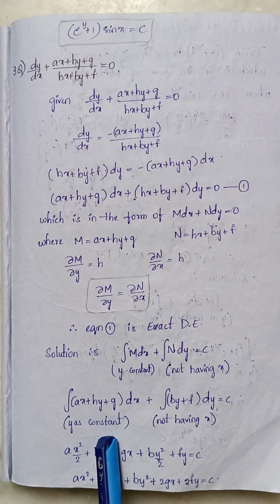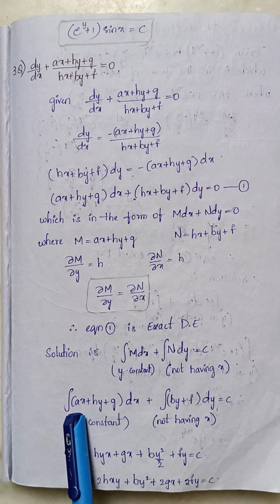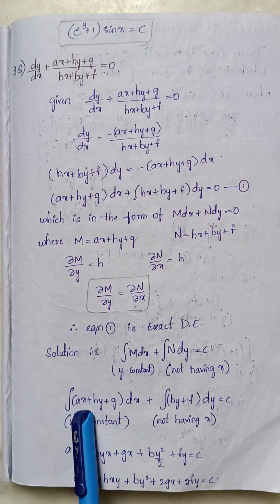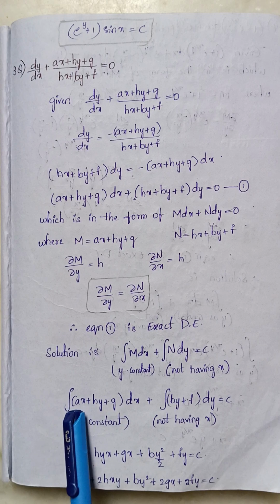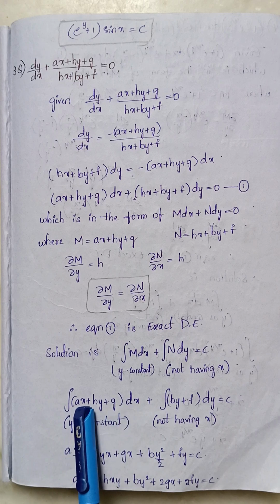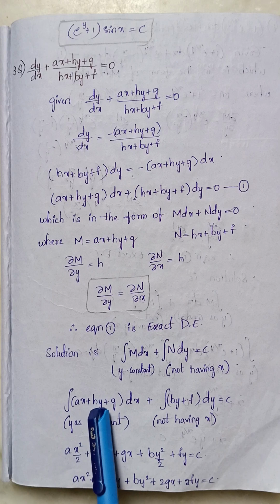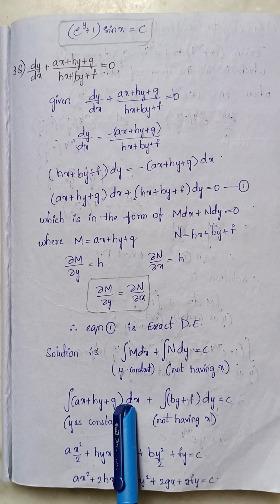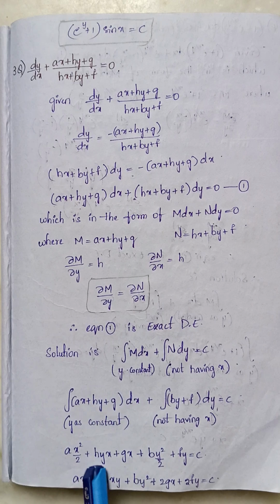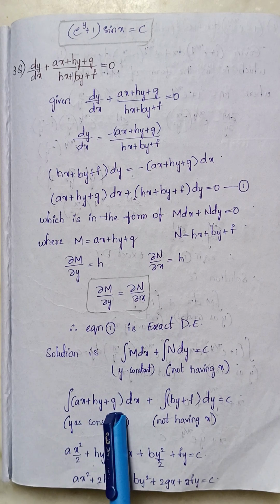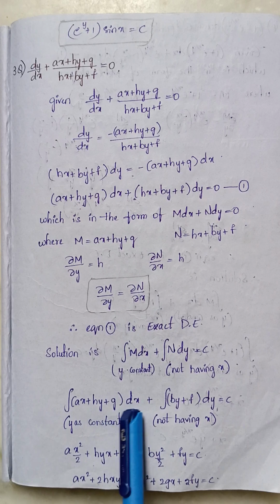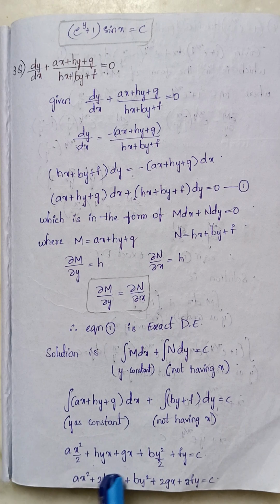Now y as a constant means a is a constant and x is a function, so the constant stays as it is, and the integration of x with respect to x is x square by 2. Again with y constant, hy is totally a constant, and the integration of a constant is constant into x, so hy into x. Again g into dx means constant into x, that is gx.